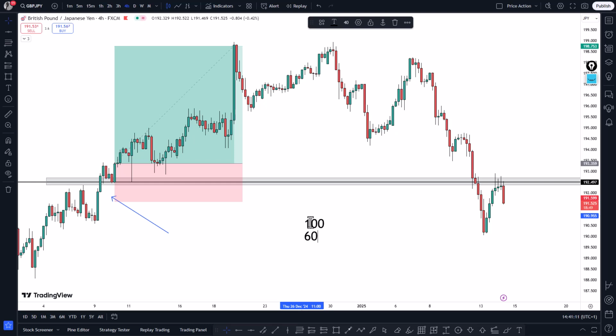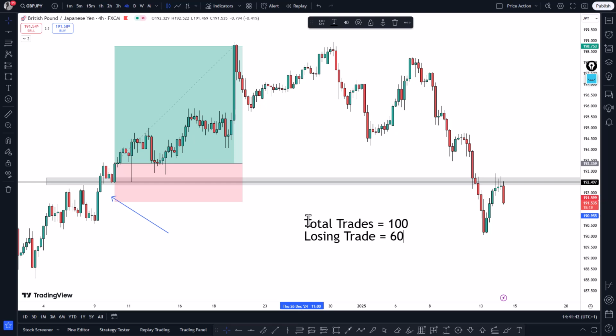You're losing trades. Let's put it this way. Losing trades are 60. Your total number of trades that you took is 100.